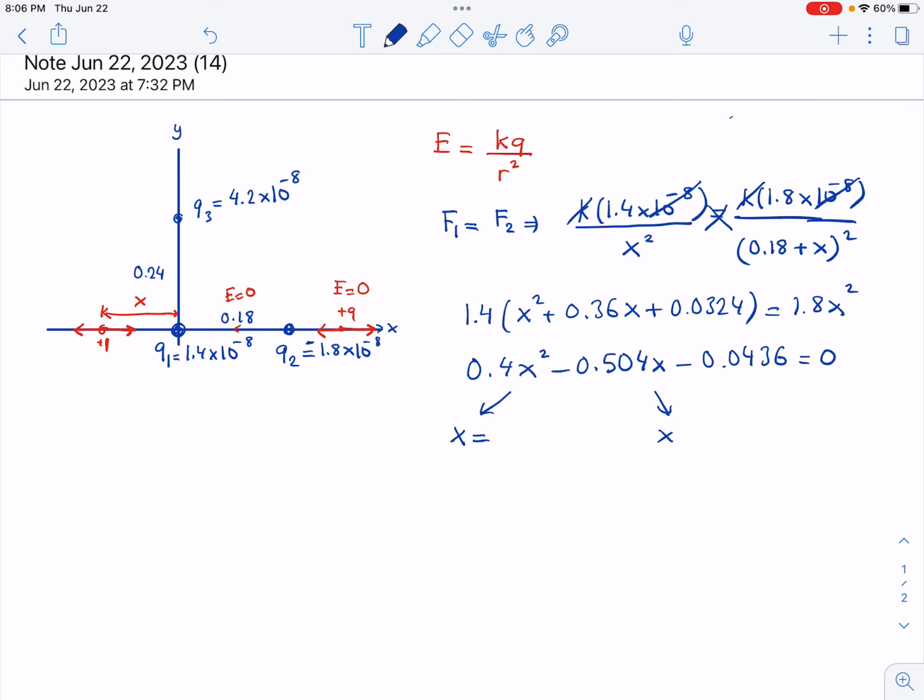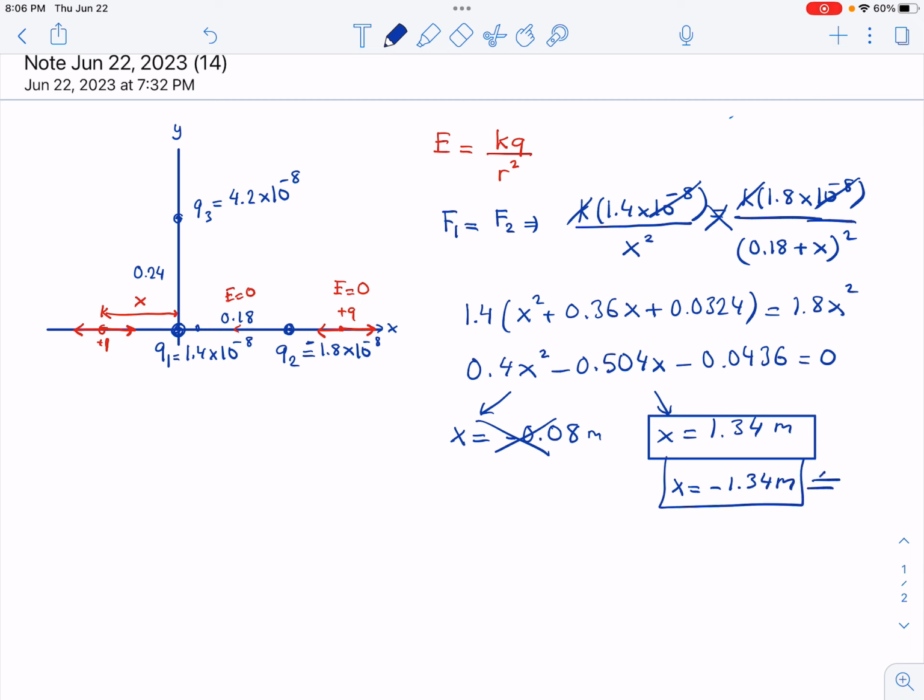The first one is negative 0.08, the other one is 1.34. These are all in meters. Now this can't happen, because that means you're somewhere here, and we already decided it's not there. So this is your answer. That's where E is 0, on the negative side, the left-hand side. You can call it x equals negative 1.3 meters, according to the origin. Actually you should write that, because according to the origin it's negative.